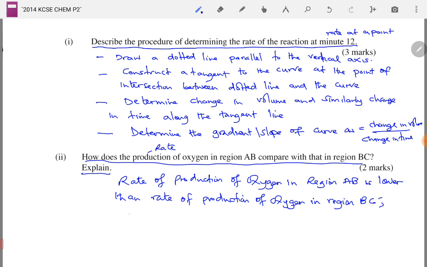Explanation. A catalyst had been added in region BC. That is the point.